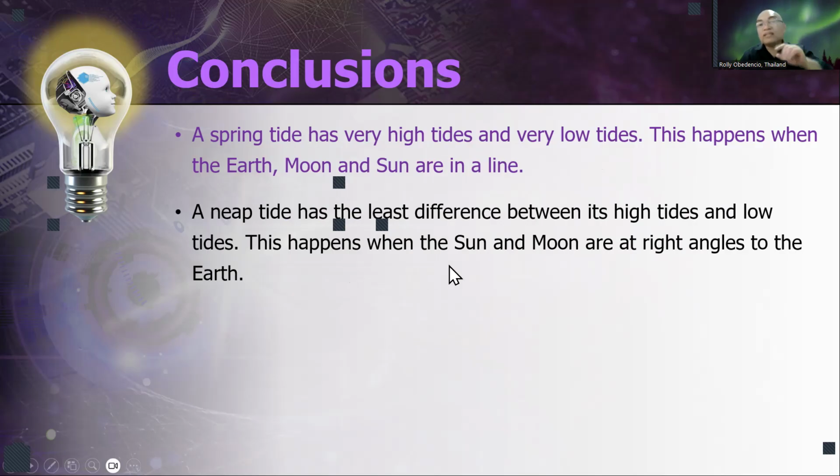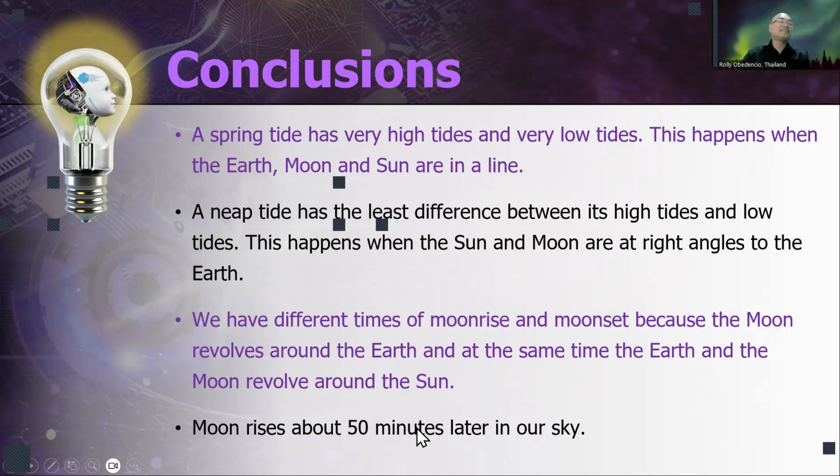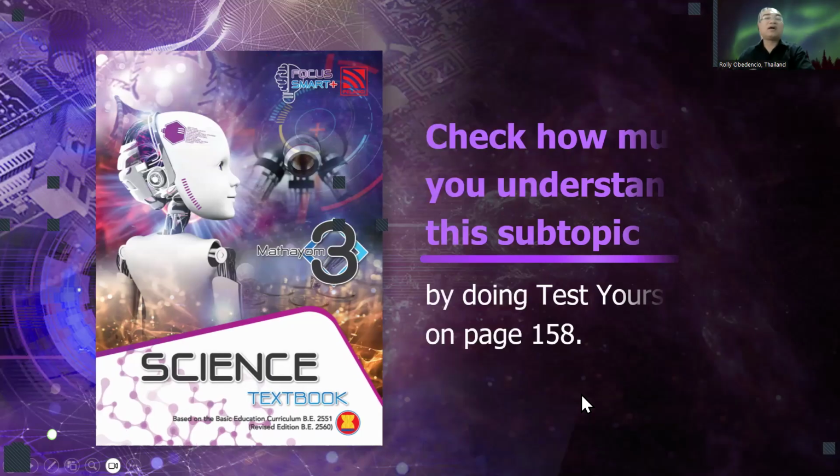This happens when the sun and moon are at right angles to the earth. We have different times of moonrise and moonset because the moon revolves around the earth, and at the same time the earth and the moon revolve around the sun. The moon rises about 50 minutes later in our sky.